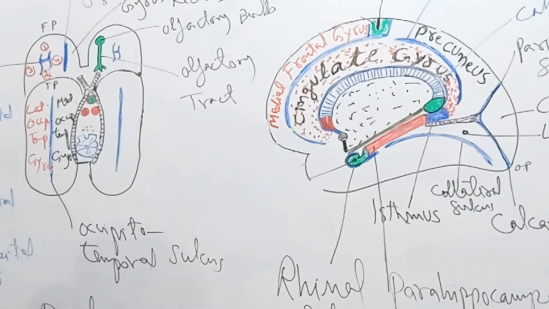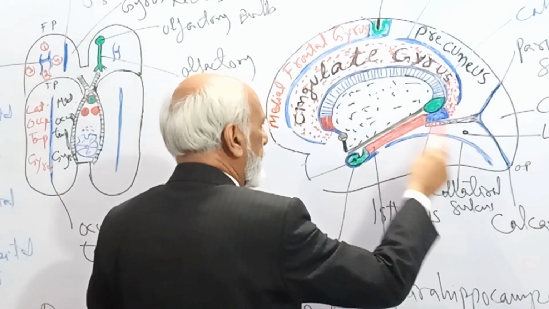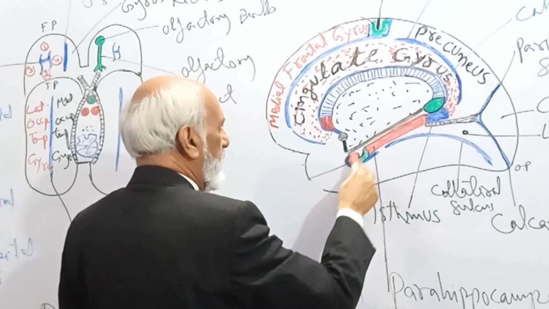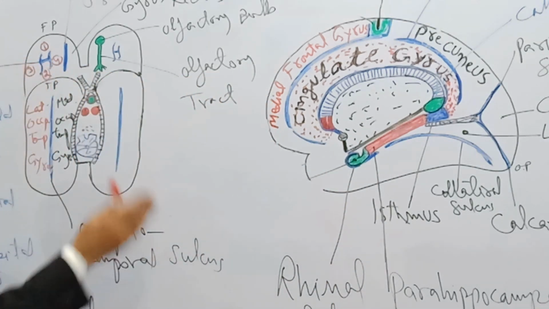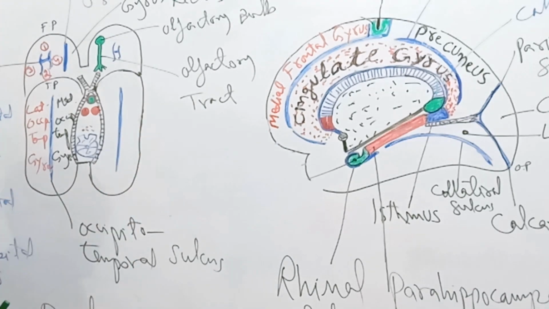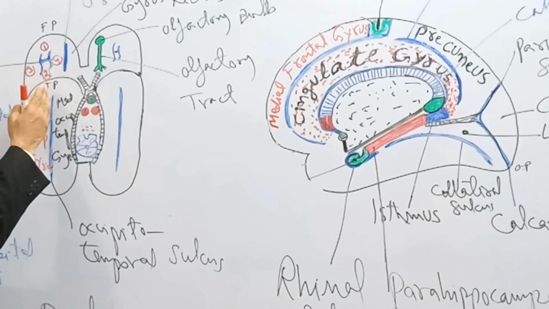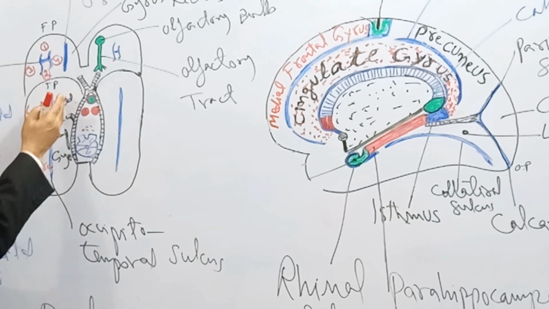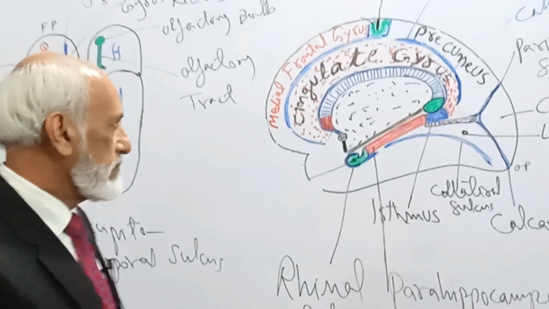So just to remove this confusion, I describe the lingual gyrus and collateral sulcus along with the rhinal sulcus and parahippocampal gyrus all on the medial surface so that you are not confused. And the remaining part, excluding the collateral sulcus and lingual gyrus, I described as the occipitotemporal sulcus, dividing it into the lateral occipitotemporal gyrus and medial occipitotemporal gyrus.